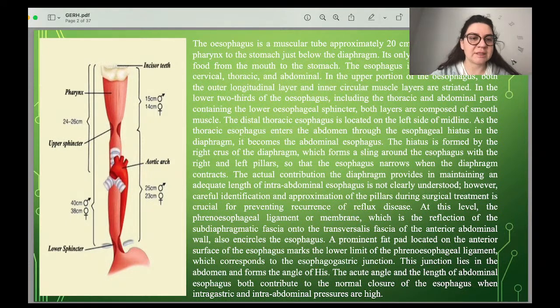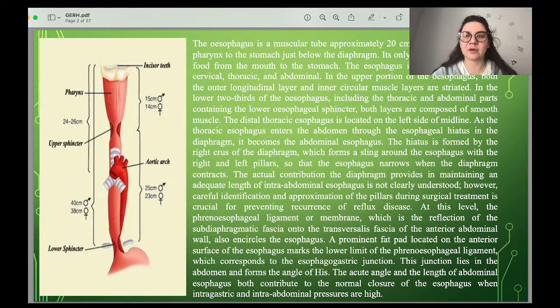On the picture you see an esophagus. It is a muscular tube, here it was written 20, but it's nearly 40 centimeters in length, that connects the pharynx and stomach just below the diaphragm. It has just one function: to transport food from the mouth to the stomach.